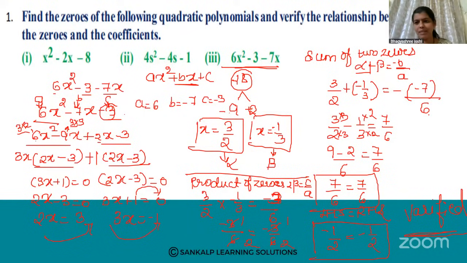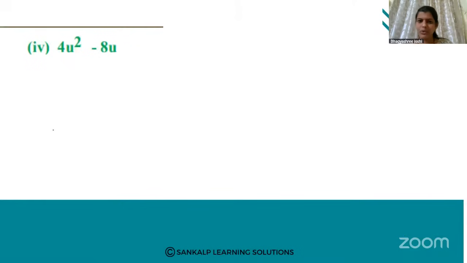That means alpha and beta values, the sum of zeros and the product of zeros. Okay, we will discuss everything and solve the homework at the end. So in today's session, we will solve this problem.